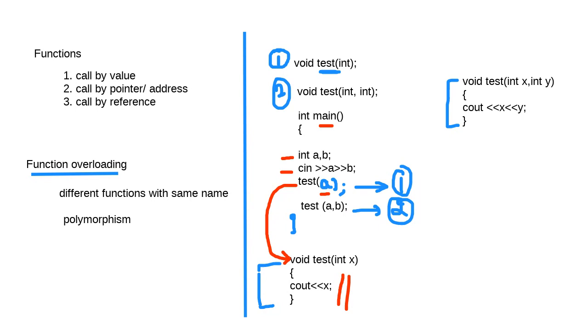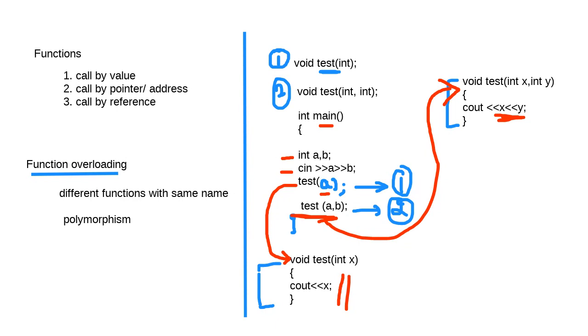Then the next call is test with two arguments. So this time the call will be transferred to this particular definition, and whatever is written inside here will be executed, right? So I hope you understand how the compiler differentiates between the two, which definition has to be executed. How is the differentiation happening? Can you comprehend that?